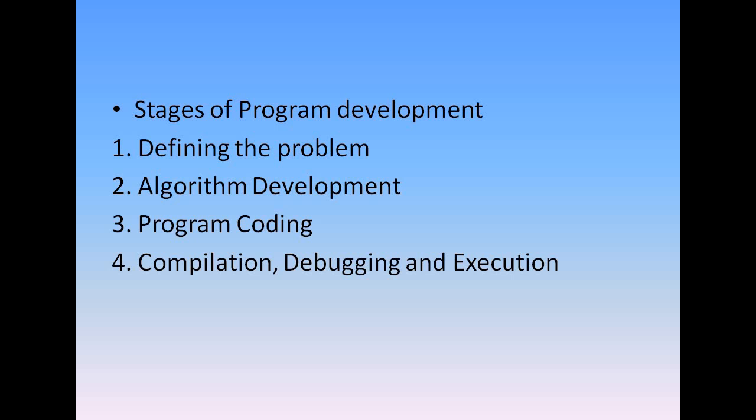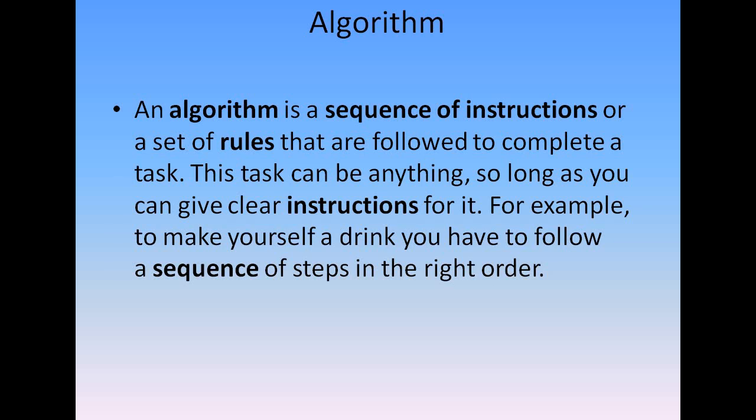A program is said to be executed correctly if it gives the desired result after compiling and debugging without any errors. Now we will see what is an algorithm.